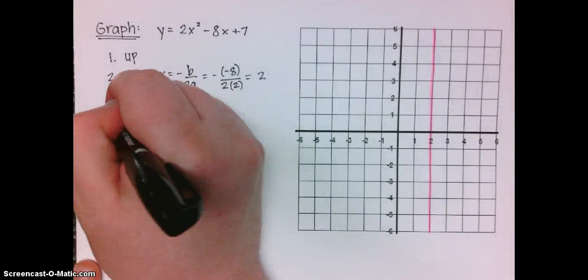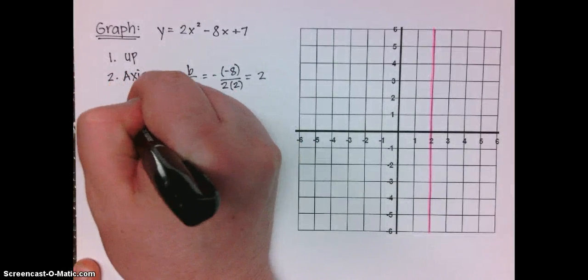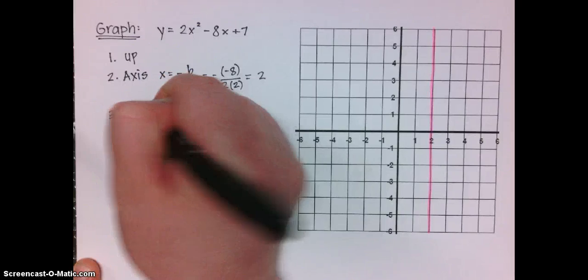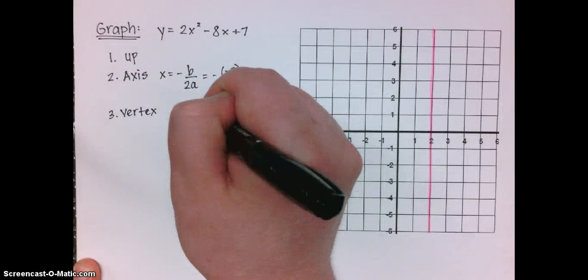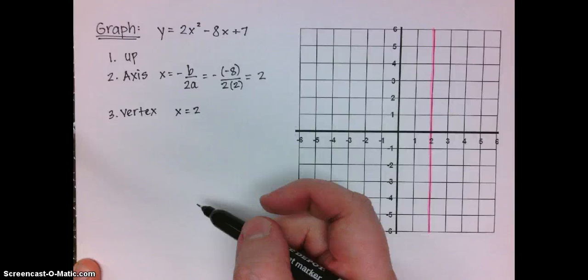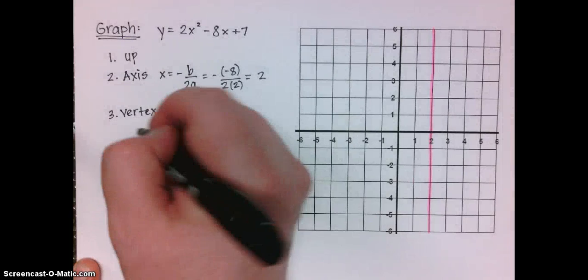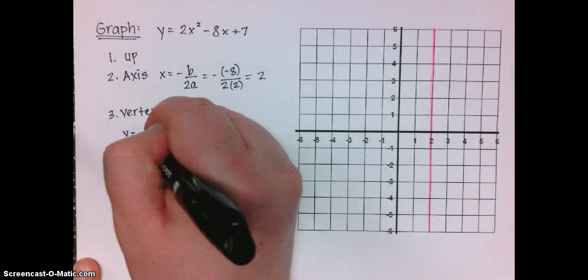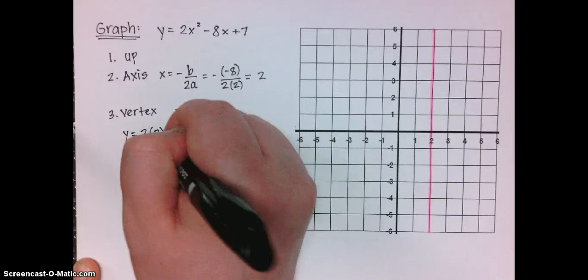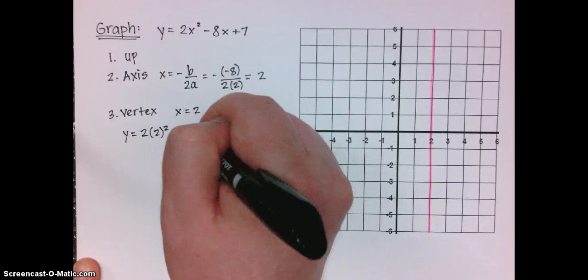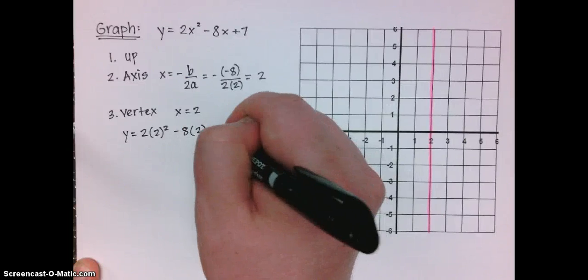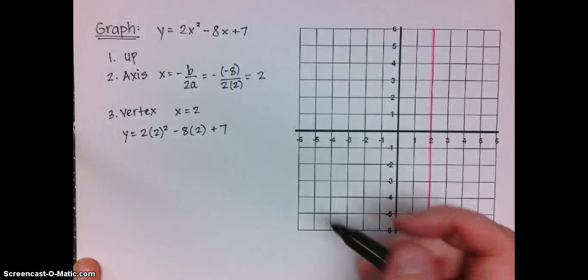Now, like we did before, let's find the vertex. Okay, we know that x is going to be positive 2. That's going to be part of the coordinate for our vertex. So let's plug that in. Y is equal to 2 times 2 squared minus 8 times 2 plus 7. All right?